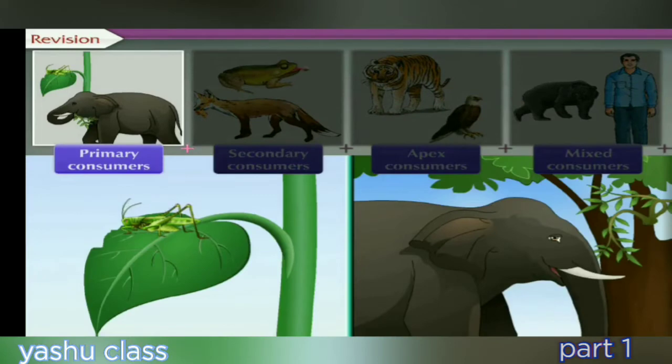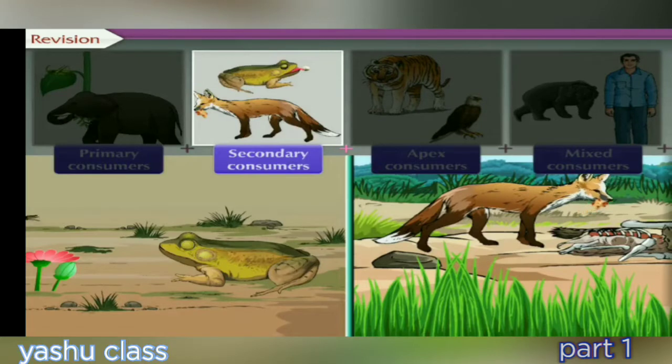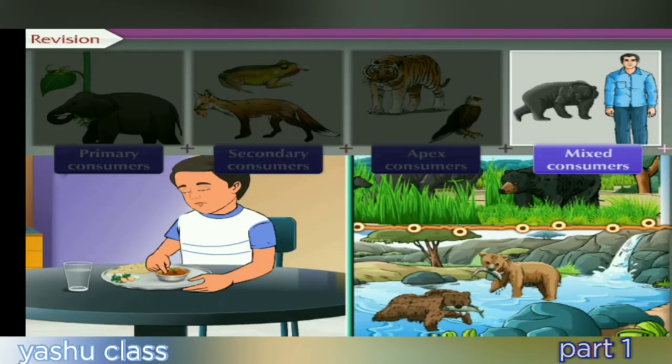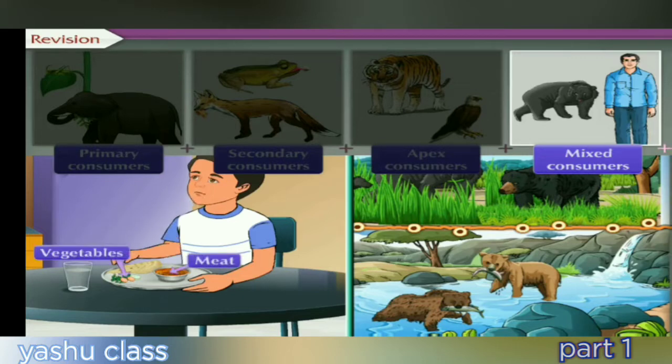Primary consumers directly depend on autotrophs for their food. Secondary consumers directly depend on primary consumers or herbivores for their food. Apex consumers depend on primary consumers, that is herbivores, as well as secondary consumers, that is carnivores, for their food. Mixed consumers or omnivores feed on both plants and animals as their food.